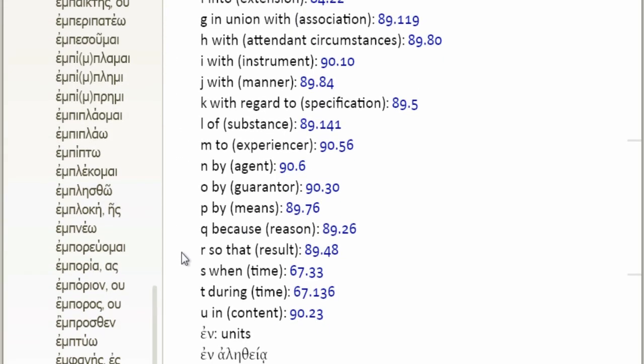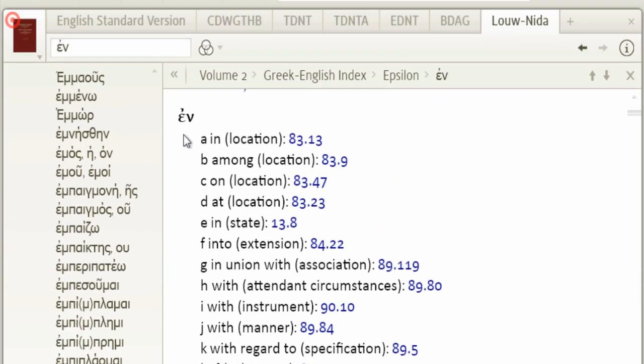Now, in John 1:1, you saw the numbers 67.33, which is a reference to time. So scholars use context to determine which sense is the right one. By context, I mean this word en is in relationship to other words in the sentence, and based on that relationship, a certain idea is being expressed. So let's look back at the English Standard Version for one moment.